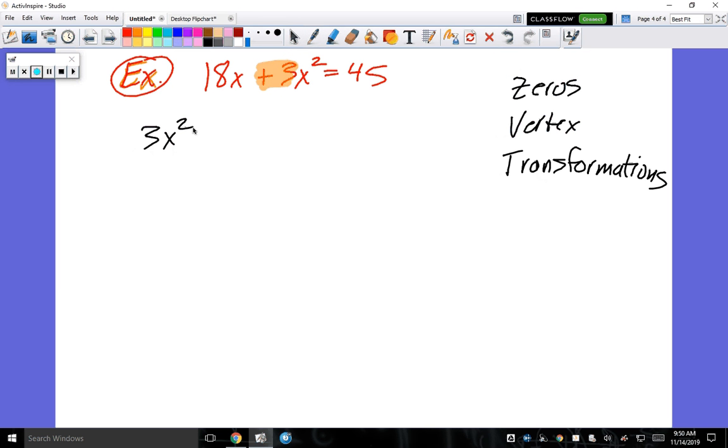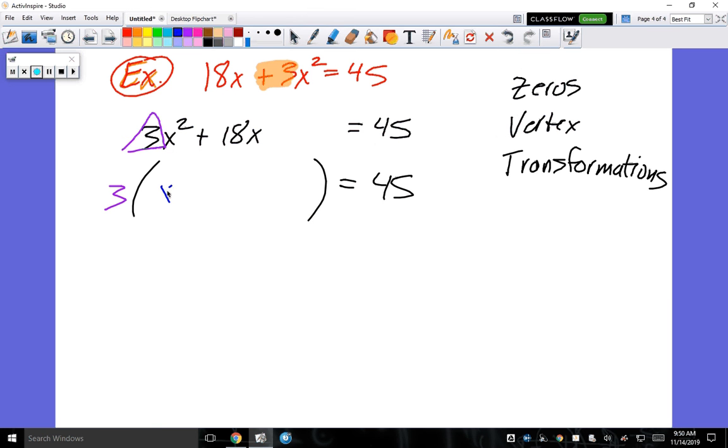So here we go. 3x squared plus 18x. They already are on their own side. The change is I need to factor 3 out from what I have just on the left side, so my scraps are x squared plus 6x.